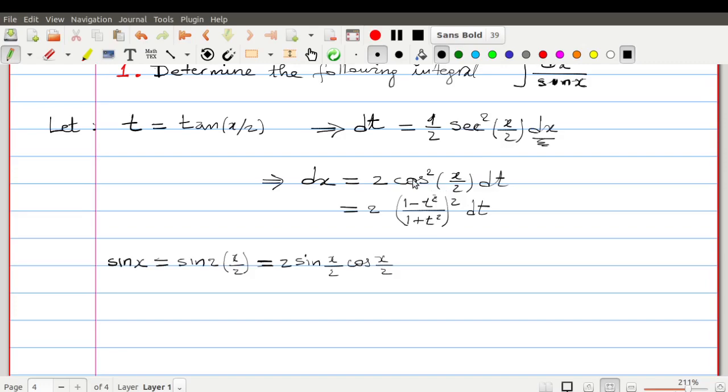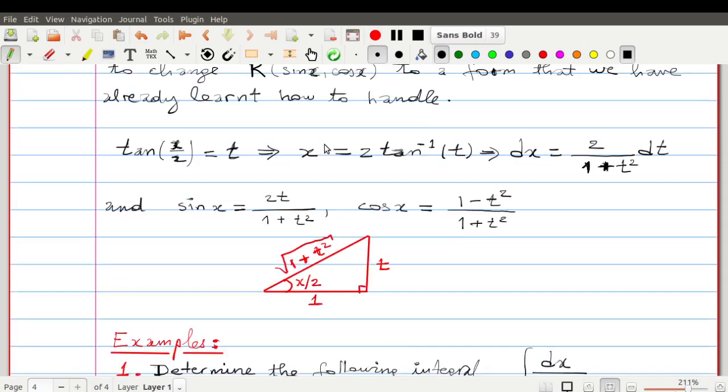We know from above that sine x by 2 in terms of t, so we first have this, and sine will be 2t, from this expression.